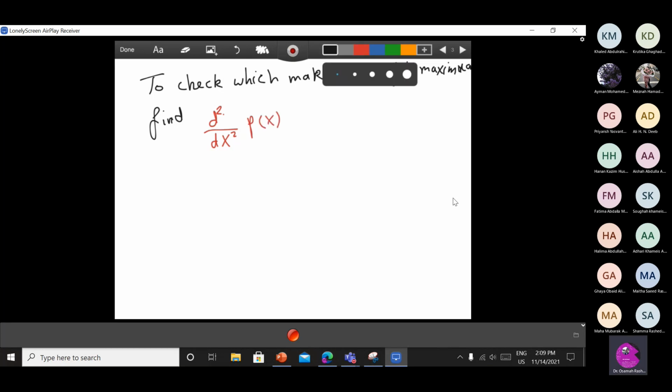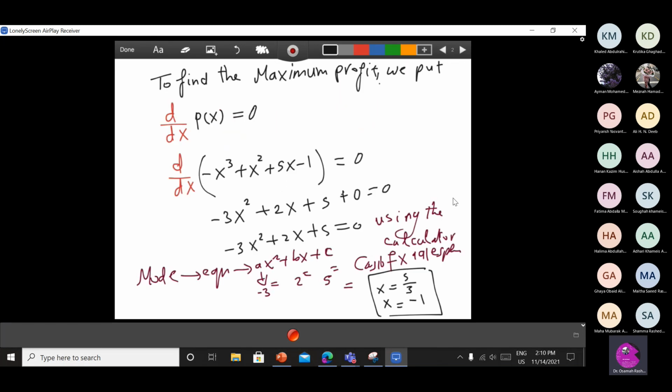The second derivative of the profit is the derivative of the first derivative I already got. Okay, so I'm going to differentiate the derivative I already have here.